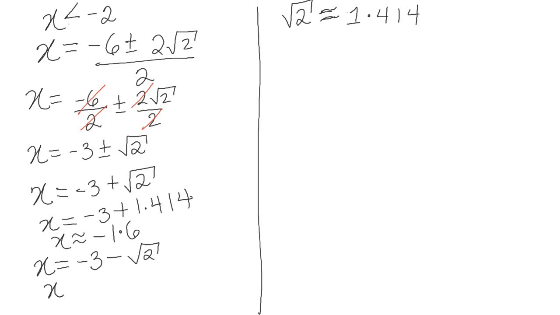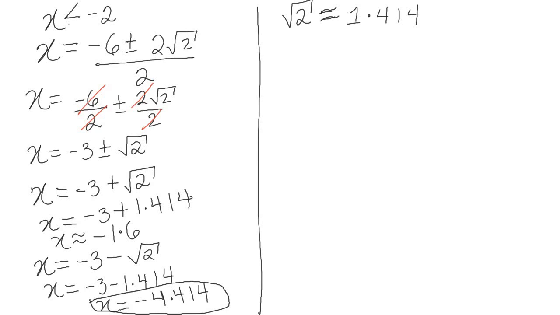And here, x equals -3 minus 1.414, that's x equals -4.414. And this is going to be the answer right here, because this value is actually less than -2.